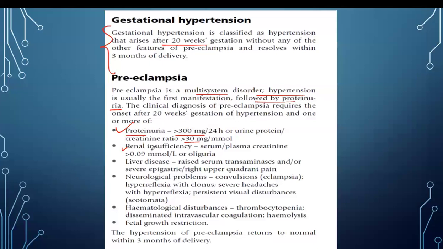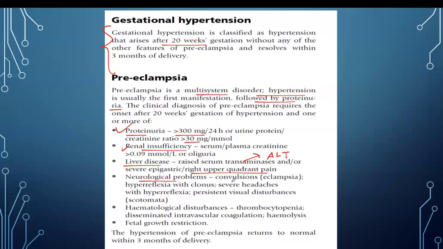A patient with preeclampsia can also have renal failure or renal insufficiency. They can also have liver involvement. So they can get right upper quadrant pain, because sometimes the liver can get inflamed also. So right upper quadrant pain with elevated ALT, which is alanine aminotransferase. So raised serum transaminases, ALT and AST, can be found as well.